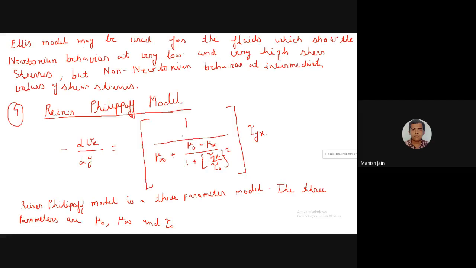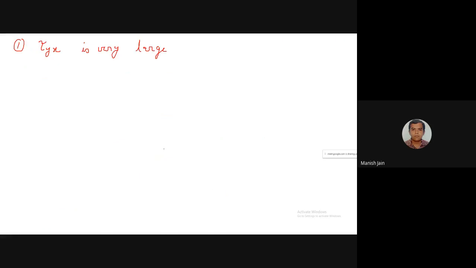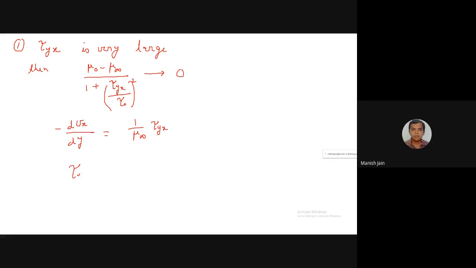So what will happen? If tau yx is very large, this term, mu naught minus mu infinite divided by 1 plus tau yx by tau naught whole square, will be very small, very minute. So it tends to 0, and if this tends to 0, then you will get minus dvx divided by dy equal to 1 by mu infinite tau yx, or tau yx equal to minus mu infinite dvx by dy.